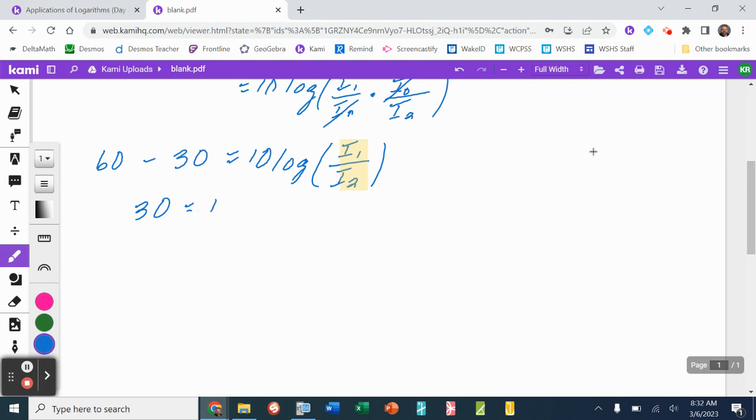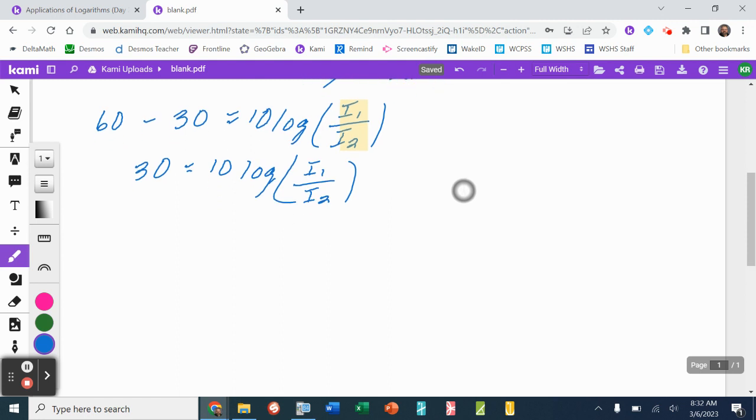is equal to 10 times the common log of the quotient of the intensities of the two noises, which is what we're trying to get at. And that's what we want, because this is going to tell us how many times more intense noise 1 is than noise 2.